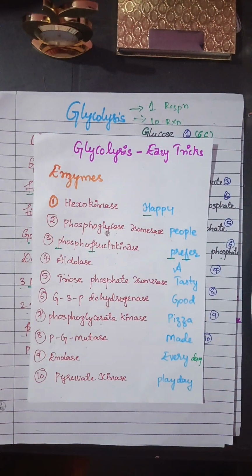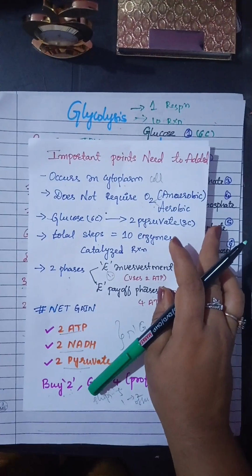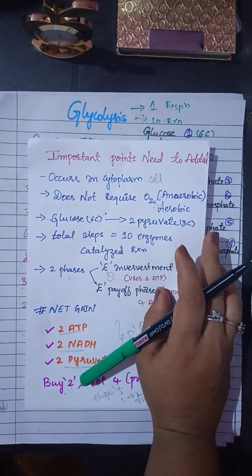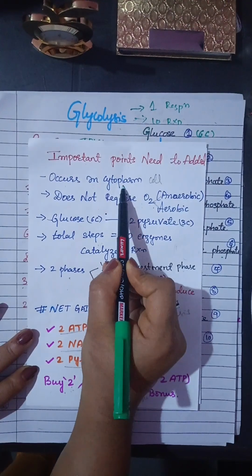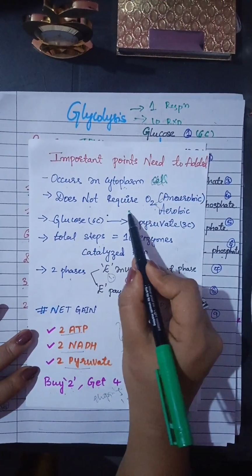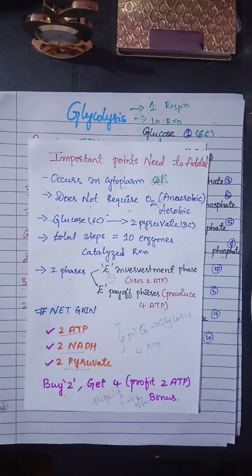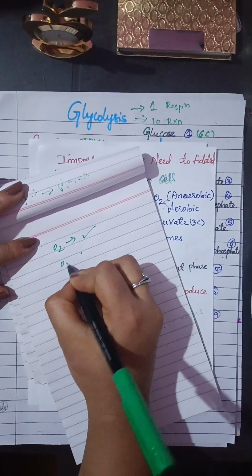Then coming to the next points that are compulsory to write in the examination: it occurs in the cytoplasm of the cell. It does not require oxygen. Not requiring oxygen means it occurs in the presence of oxygen and also in the absence of oxygen.